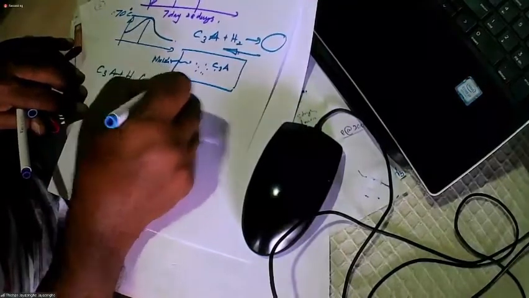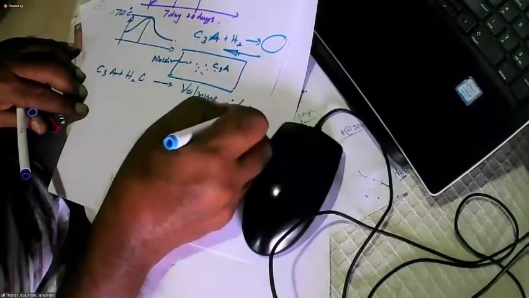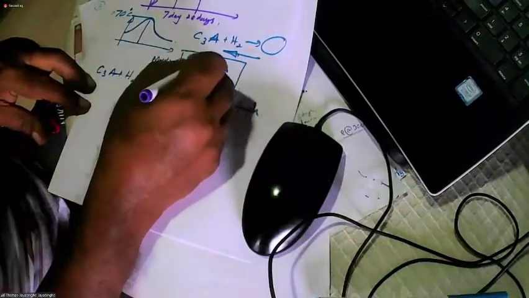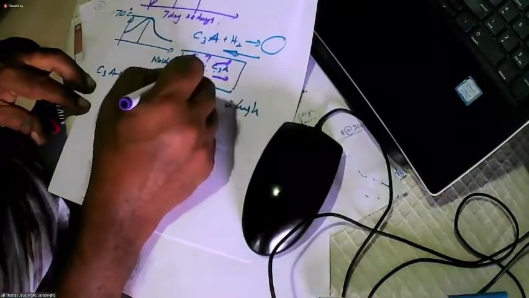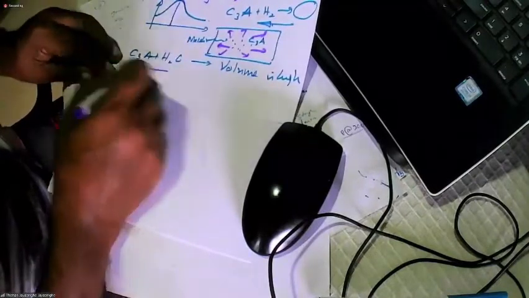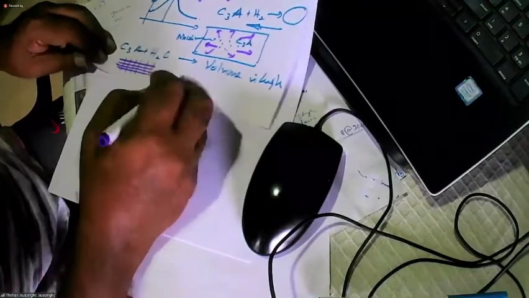What is the problem? Volume is high. So this will start putting pressure in all directions. So if there's not enough steel, what happens?